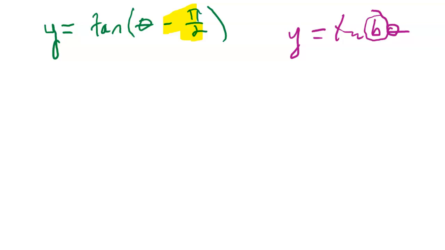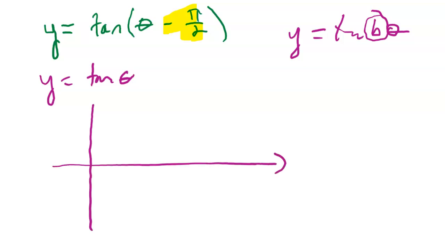All right, so let's graph this. What I'm going to do is graph the base function, y equals tangent theta, and then phase shift it. Again, I'm assuming we know how to graph this. Here's 2 pi, here's pi over 2, here's negative pi over 2.